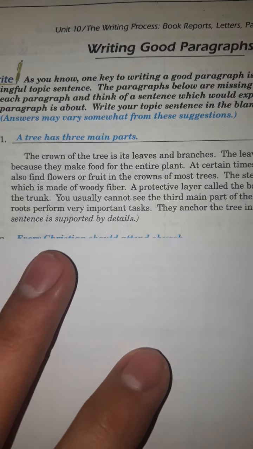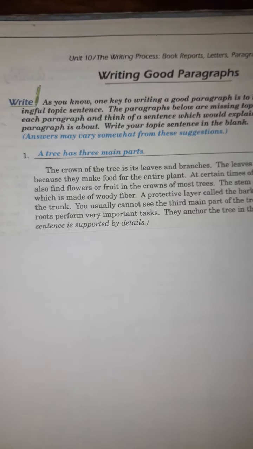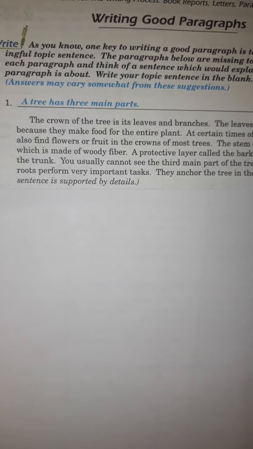Okay, guys, so over here, as you see, answers may vary somewhat from the suggestions, right? So over here, you're gonna read, and for example, look at this one. Remember, everybody's answer might be different. So the crown of the tree is its leaves and branches. The leaves are very important because they make food for the entire plant.